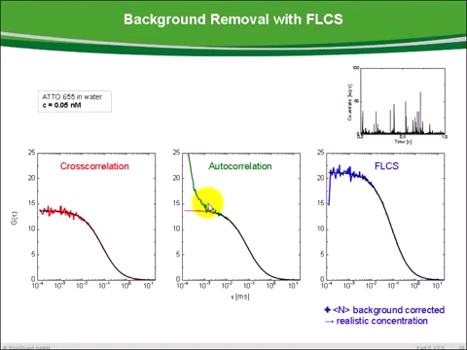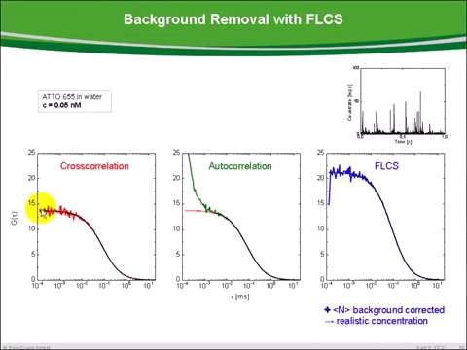This increase is due to the afterpulsing artifact of the SPAD detector. The classical way of removing this artifact is to split the fluorescence equally onto two detectors and to perform a cross-correlation. Since the afterpulsing of the first detector is not correlated to the second, it is removed in the cross-correlation.